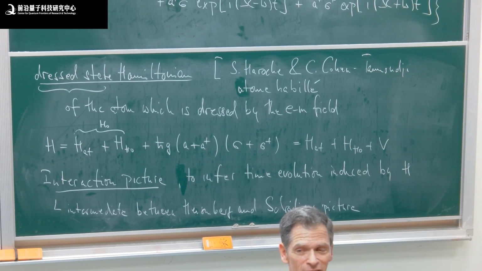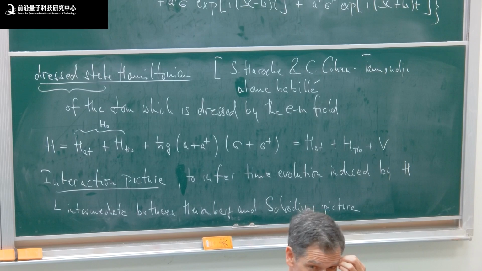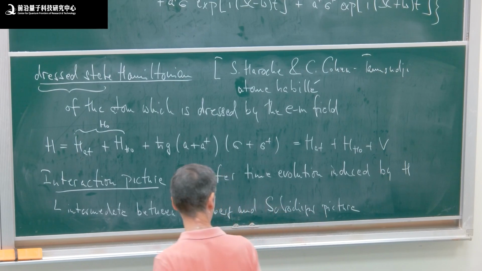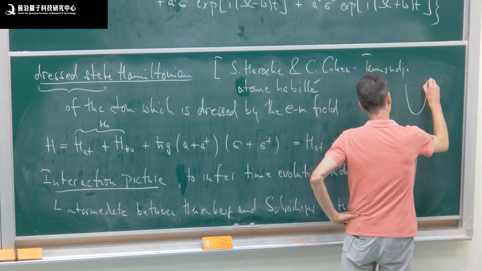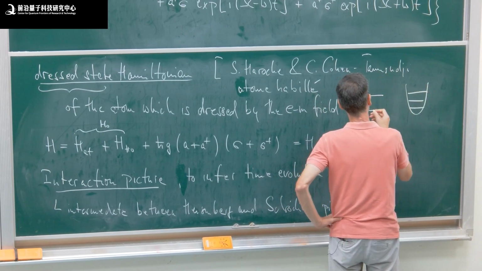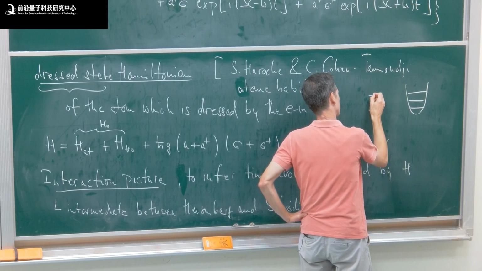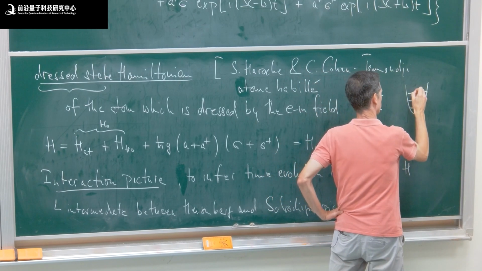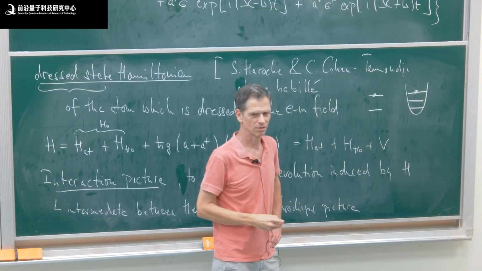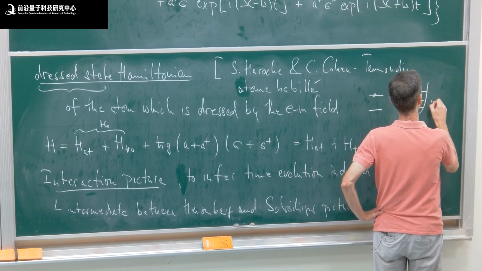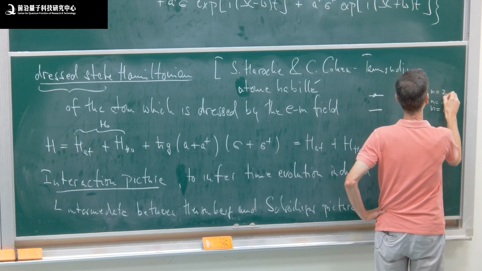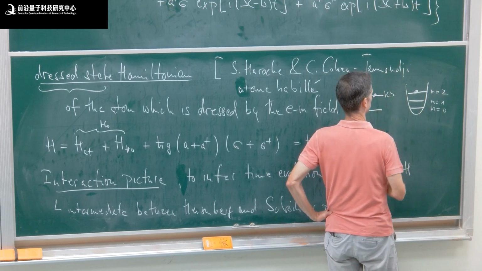So who thinks it will leave the energy of the system invariant? Do you see what I mean? So now assume this is my initial state. Then this would be n equals 0, n equals 1, n equals 2, and this would be the excited state.